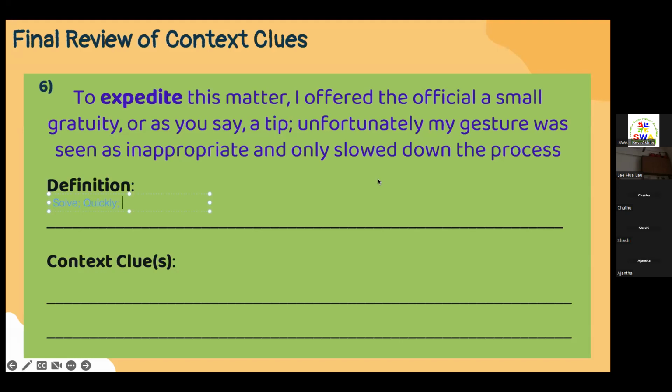Is there any part in the sentence? Because he said he offered the official a small gratuity. Oh, as you also say, a tip. Oh, that part, is it?